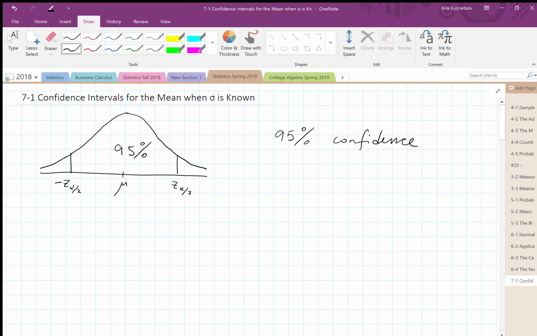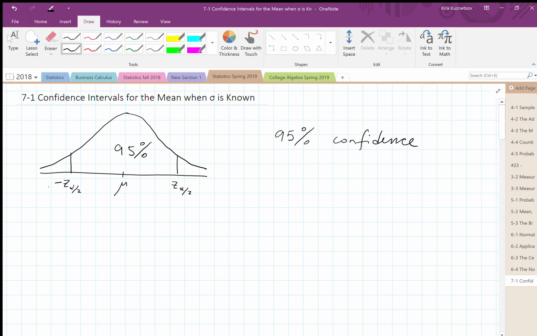This is going to be a negative value, this is going to be a positive value, and what it'll cut off is the placement of the middle 95% on the normal curve.